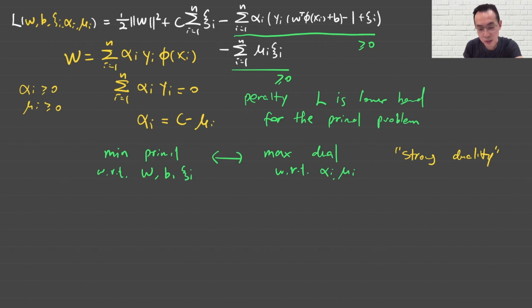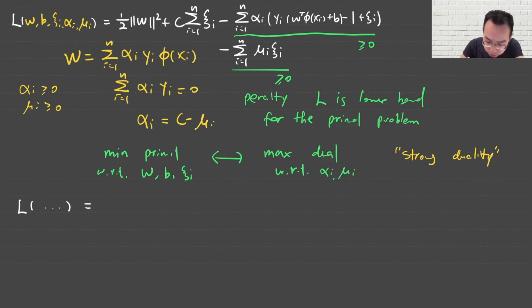Okay, so now what we can do is plug those three equations back into the Lagrangian to see what happens, right? So let's just plug in everything. I'm not going to write the parameters. So we have the norm of the W vector.